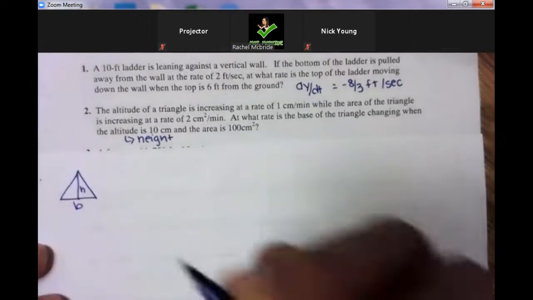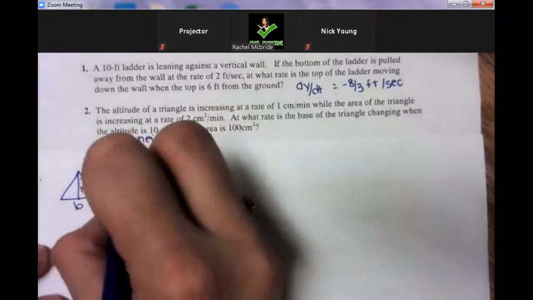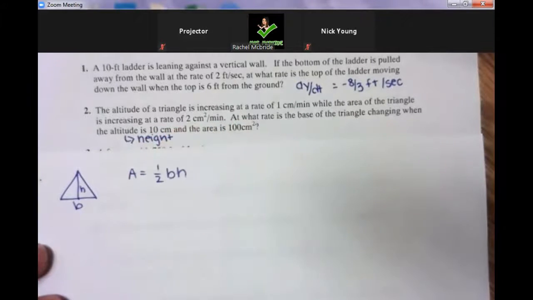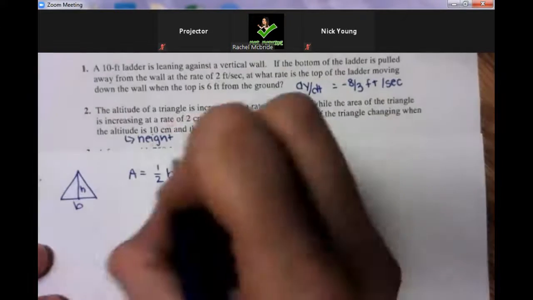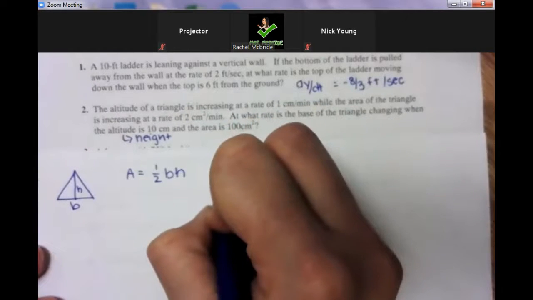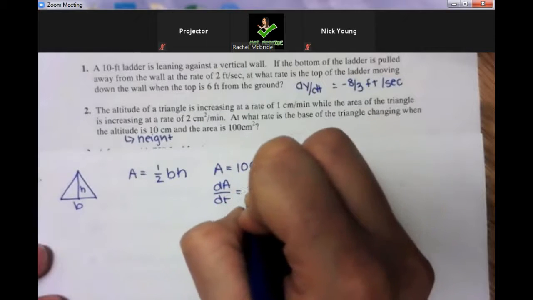Here's your base of your triangle. We know area equals 1/2 base times height. We're given the area is 100, and we're given the rate of change of the area is 2.